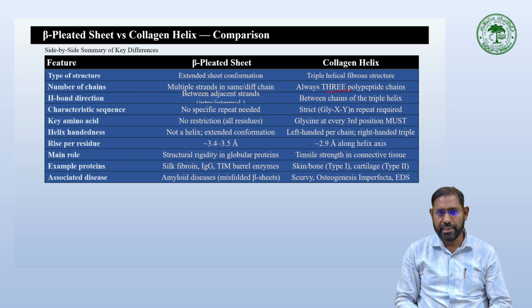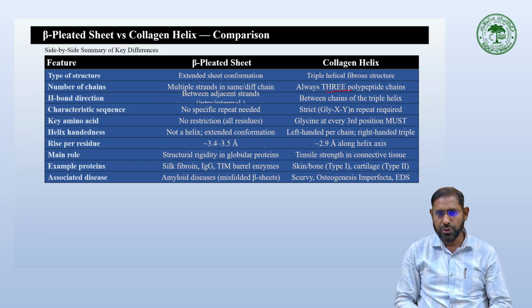In beta pleated sheet there is no specific repeat needed, but in collagen a glycine-X-Y triplet repeat is strictly required. Key amino acids: in beta pleated sheet there is no restriction, all residues are possible. But in collagen, glycine at every third position is very important and a must.